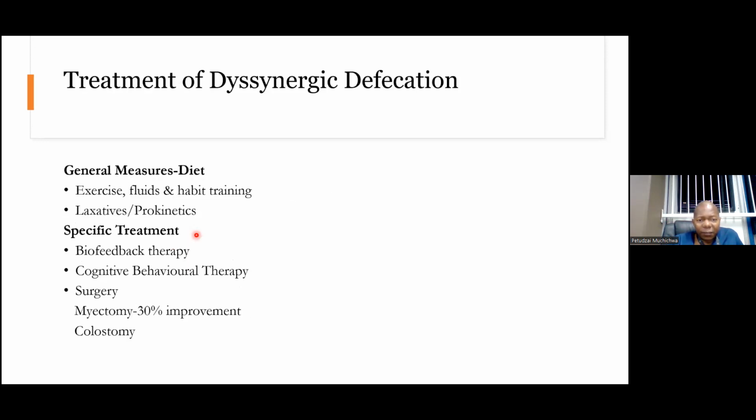Treatment of dyssynergic defecation. Importantly, as we alluded to earlier, also in patients with constipation, will be general measures, which include diet, fluids, exercise, and then use of laxatives and prokinetics as well. But specific treatment for patients with dyssynergic defecation will be biofeedback therapy.